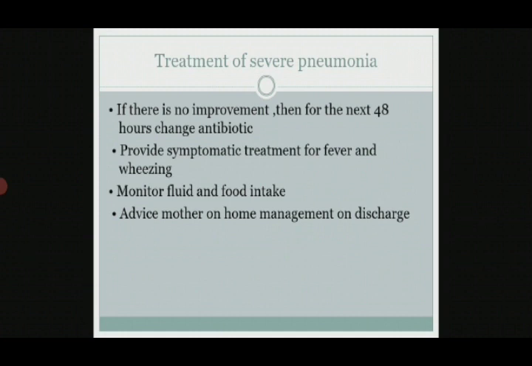If there is no improvement, then for next 48 hours change antibiotic, or monitor for fluids, food intake, advise mother on home management or on discharge.